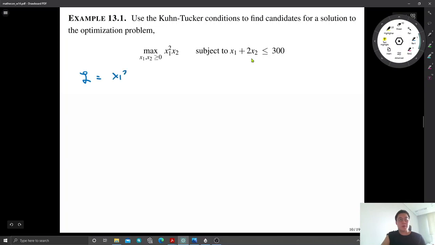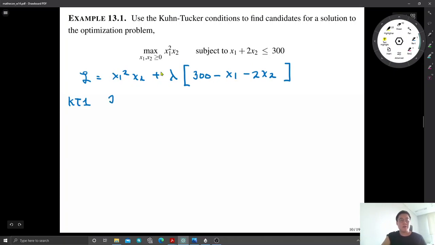We first put the objective function, and using Lagrangian multiplier lambda, and open the bracket, we put in the constraint. So we first change the constraint to this form, 300 minus x1 minus 2x2. And by the first condition in the Kuhn-Tucker theorem, the solution must be a stationary point of the Lagrangian.